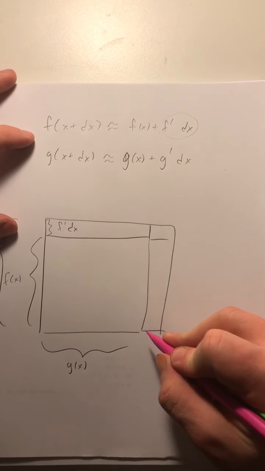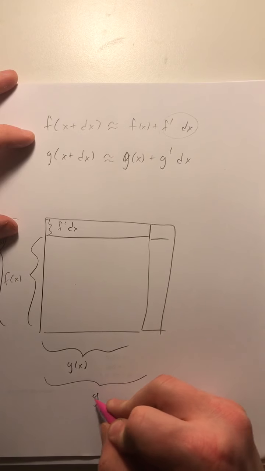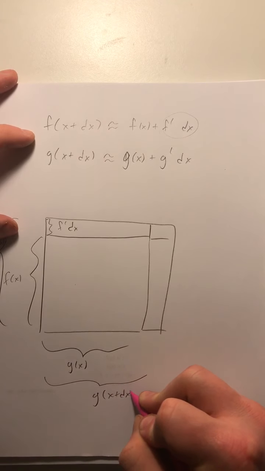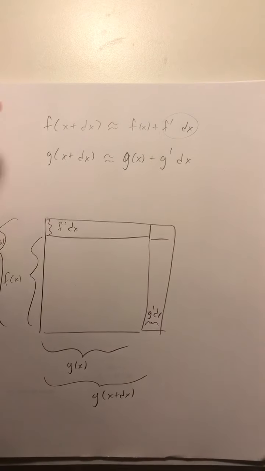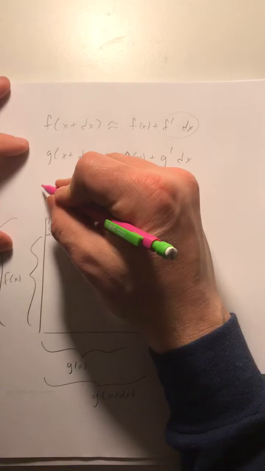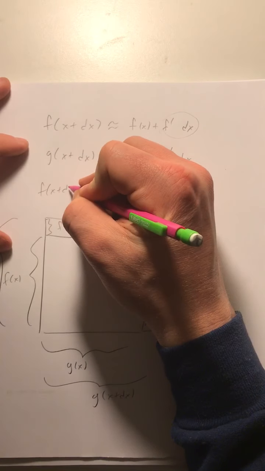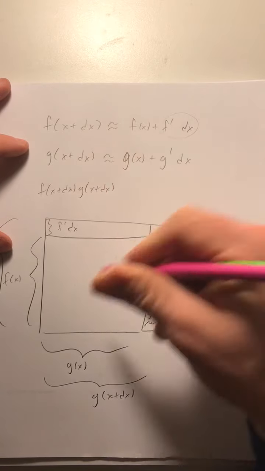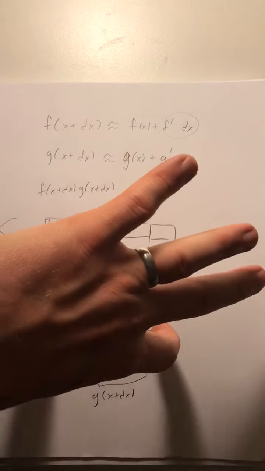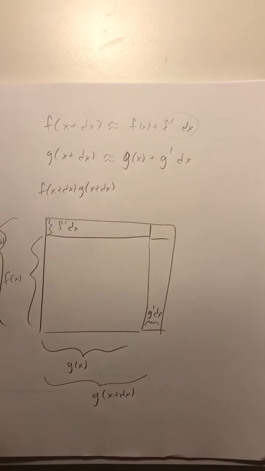Okay? So over here, this whole part is going to be g of x plus dx, and the part over here, g prime dx. So now the product, I'm going to have f of x plus dx times g of x plus dx. Well, I'm going to multiply the whole square. So I have this length by that length. That's the area of the entire square.